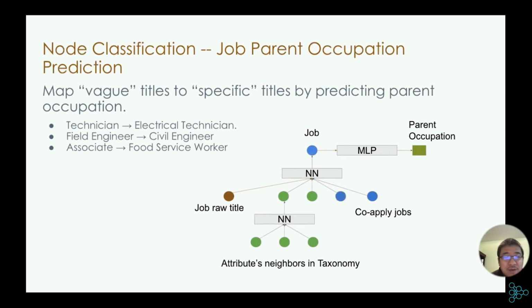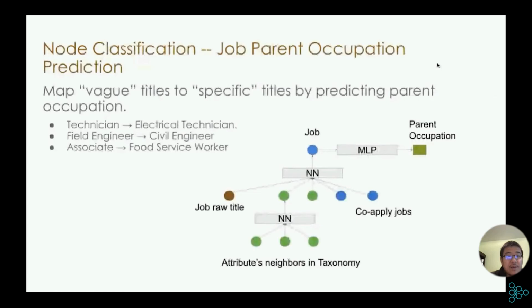Technician is very ambiguous, can mean anything. Associate, we don't even understand what the domain of the associate means. So we need to predict whether this person is a food service worker, or this person is an electrical technician, not a general technician. Then how can we make this kind of prediction?